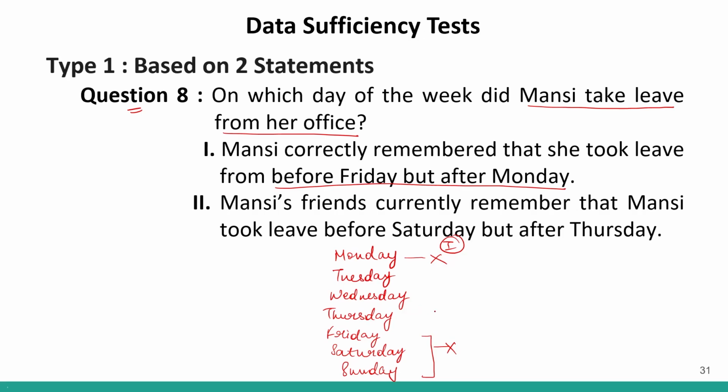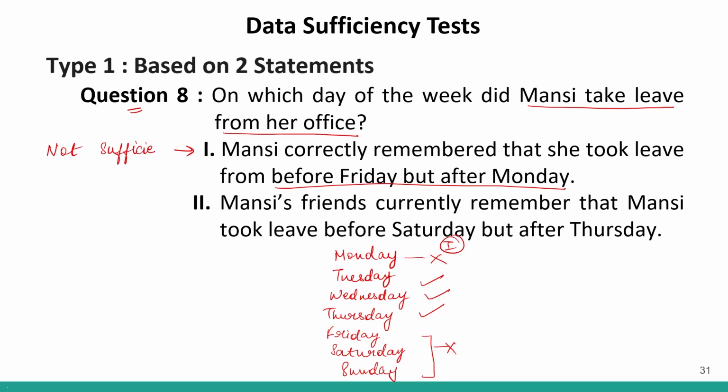So before Friday, she could take a leave on Thursday, Wednesday, Tuesday, because she had taken a leave after Monday. So now we are getting 3 possibilities from the first statement. That is Tuesday, Wednesday or Thursday. So is this statement enough to answer on which day Mansi has taken a leave? No. So this is not sufficient.